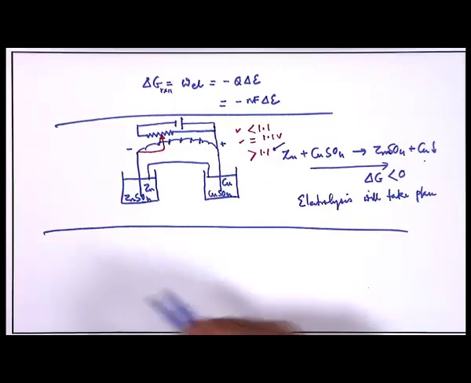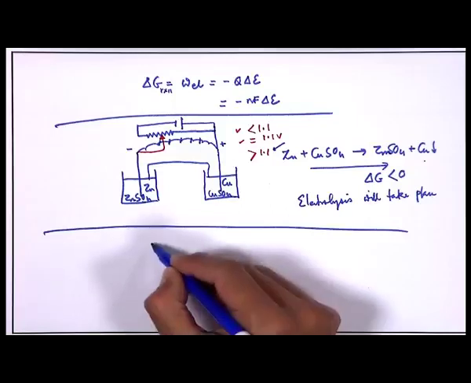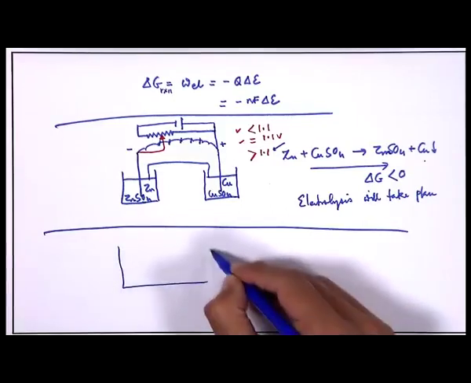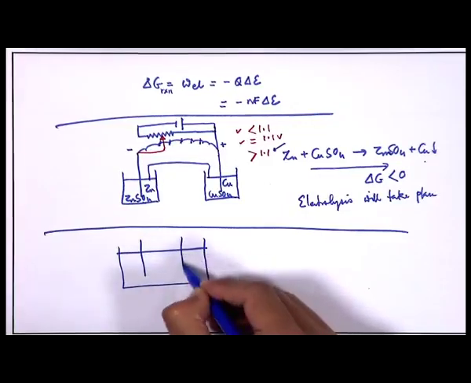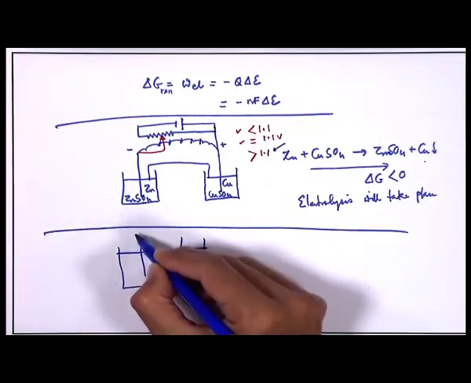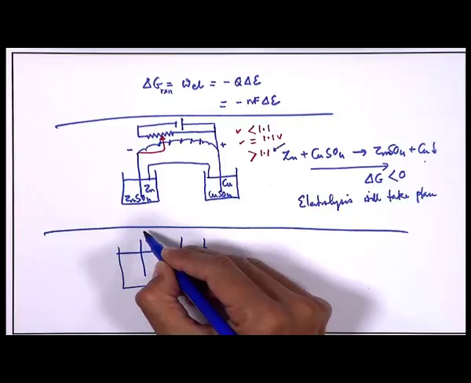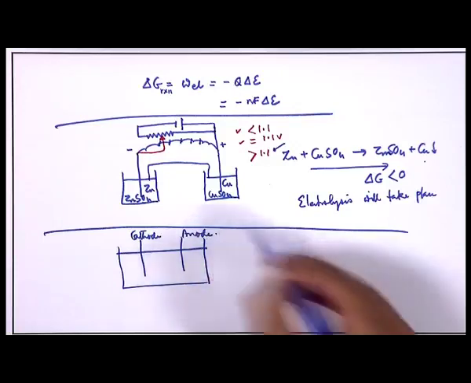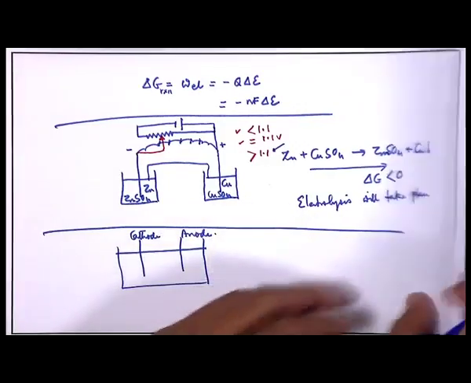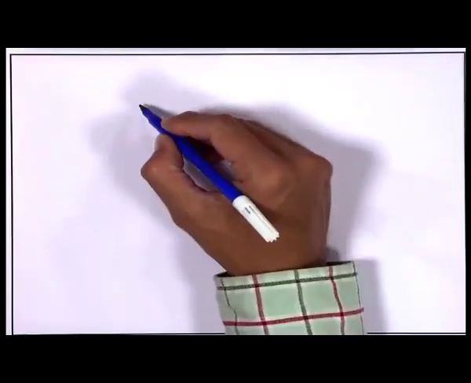Okay. In case of electrolysis, you have two electrodes. One is the cathode and another is the anode. Cathode means reduction, anode means oxidation will take place.